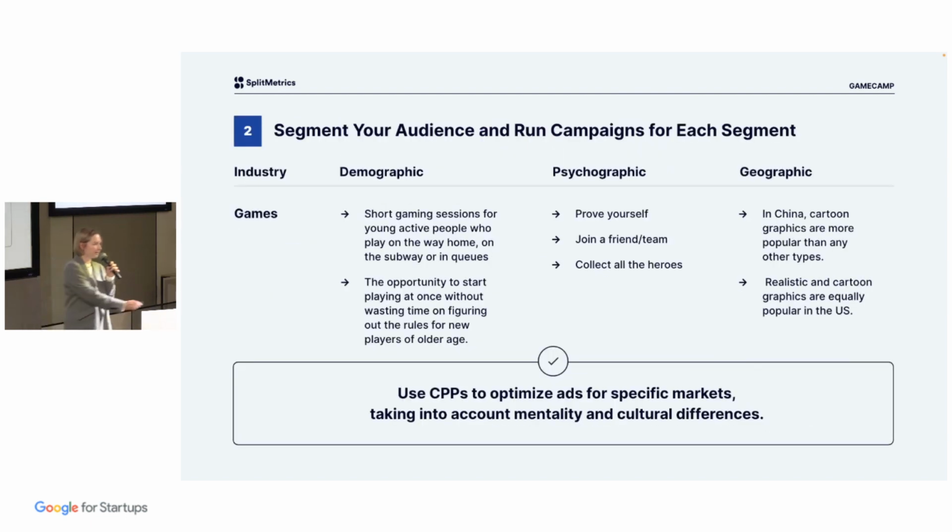Another point I would like to pinpoint here is you can segment your audiences and run campaigns for each specific segment. In our practice, we use a methodology of 6 types of segmentation, which are demographic, psychographic, geographic. Behavioral is the one where you look at the habits of your users and make the segmentation based on them.